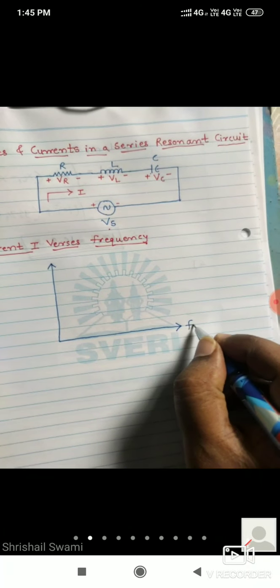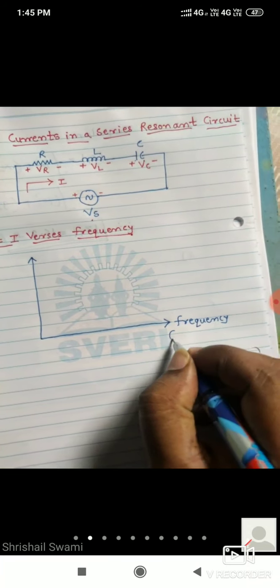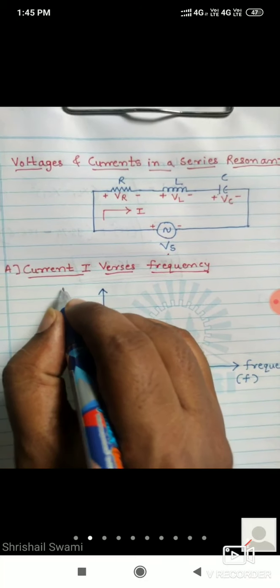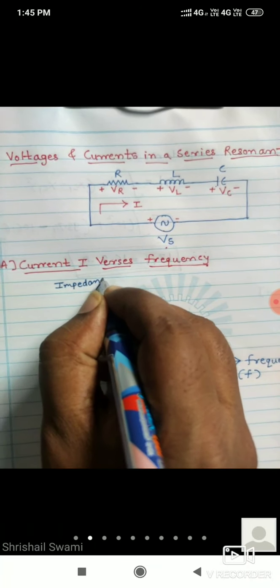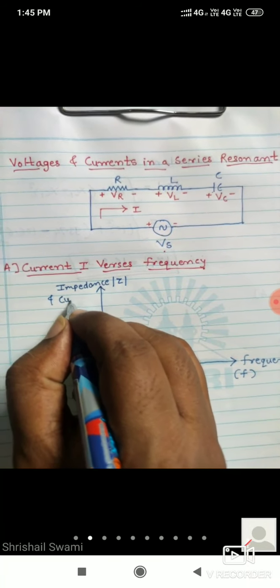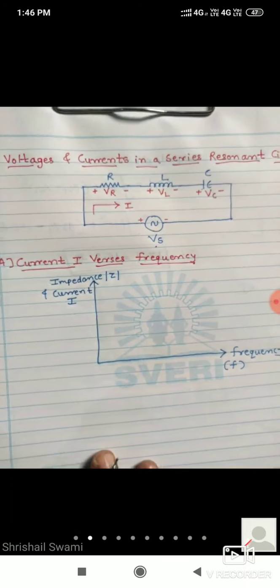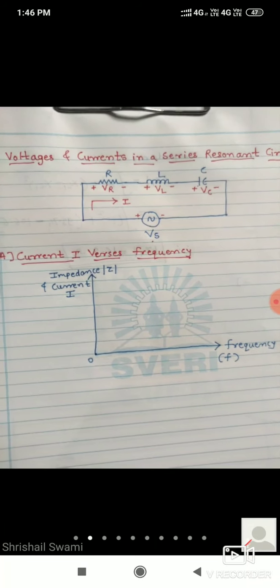The x-axis will denote the frequency F, whereas the y-axis will denote impedance Z and current I. Instead of drawing two graphs, I will draw within only one graph, but I will show the two different curves.